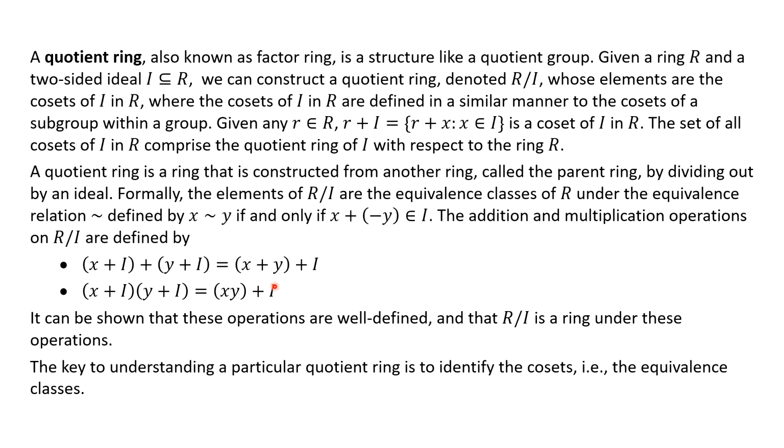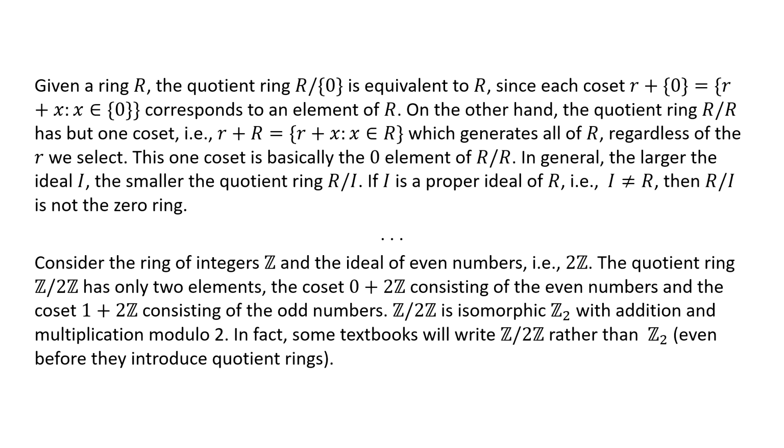So let's look a little further into this description here. I have a couple of examples on this slide. Given a ring R, the quotient ring R slash the set with 0 in it is equivalent to R, since each coset, R plus the set 0, equals R plus x, where x is an element of the set with 0 in it.